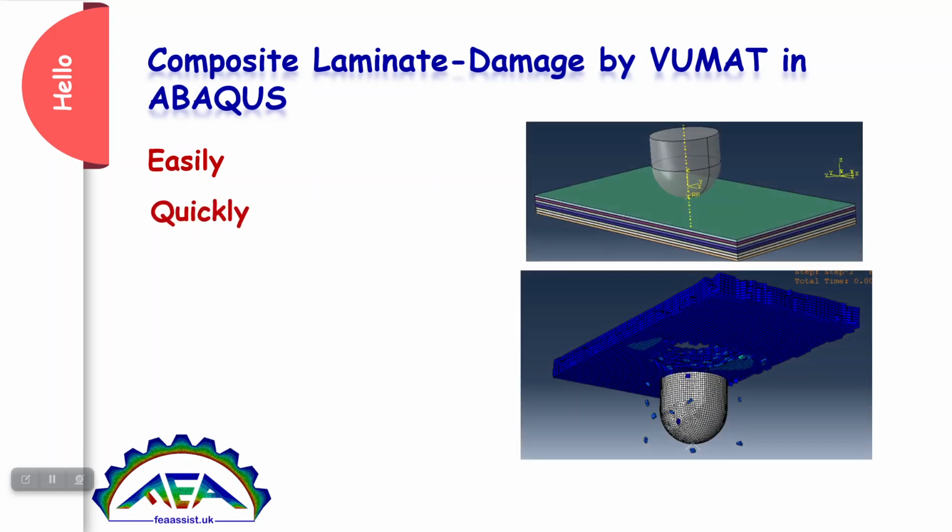As you can see here in this image, several layers of composites, which are oriented in several directions, are going to be impacted by an impactor, and as you can see here, the element deletion and damage of the element is prevalent in this image. To understand how to do it, stay with us.